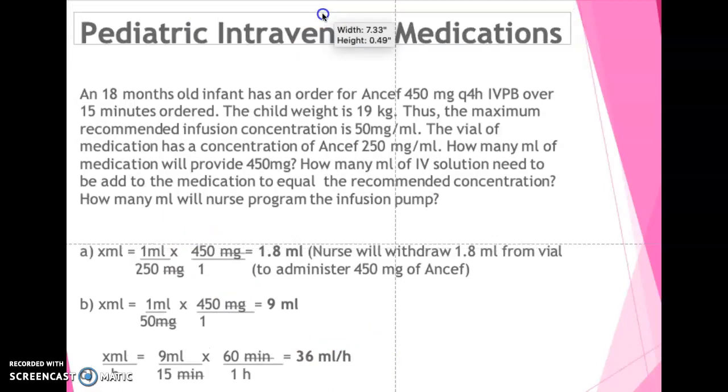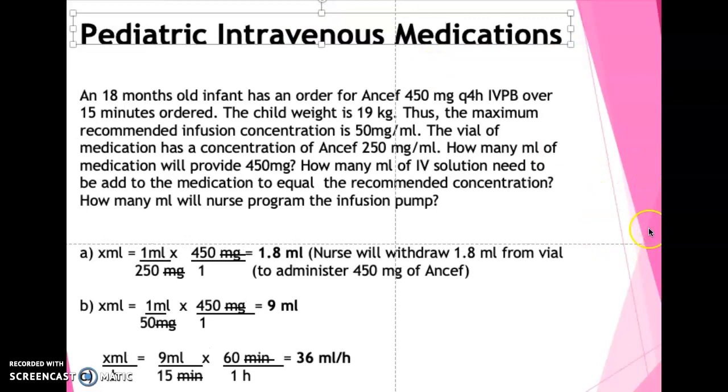So it's important that you know how to set up these equations. The problems are not that difficult to solve. What I find is that nursing students have a lot of difficulty actually setting up the equation. The rule of thumb is that you always isolate the variables you're using.